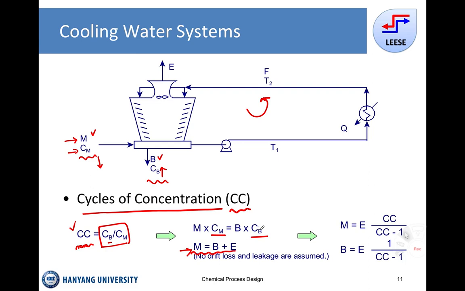So E multiplied with the Ce, that will be the correct form, but the Ce will be taken as 0, okay, because the evaporation is probably pure water, so the contamination is not involved in the evaporation, the vapor. So we take Ce as assumed to be 0, then we have this relationship, okay.